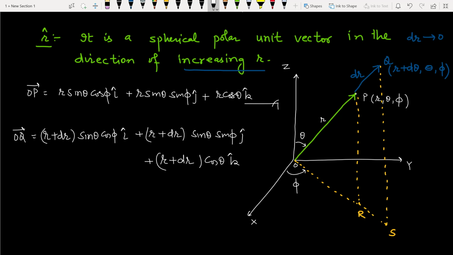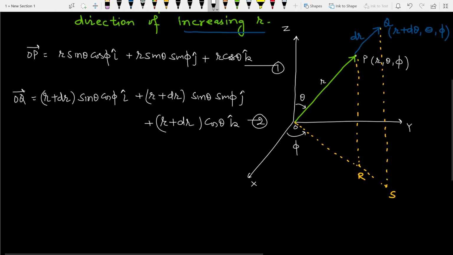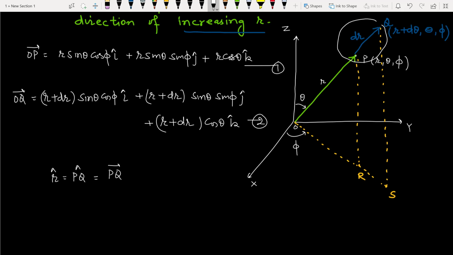So this is equation number 1, this is equation number 2, and from these two equations we are to calculate this unit vector, and this unit vector we represent by r cap. So r cap is my PQ unit vector, which will be my PQ vector divided by the length PQ.